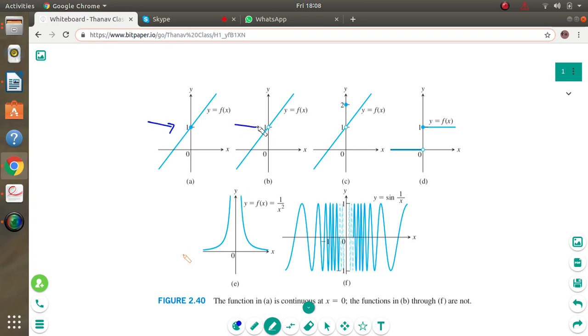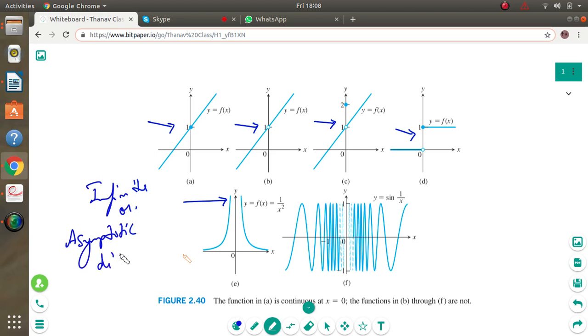This one is point discontinuity. This one again is point discontinuity. This one is jump discontinuity. This one is known as infinite discontinuity or asymptotic discontinuity. This one is oscillating discontinuity.